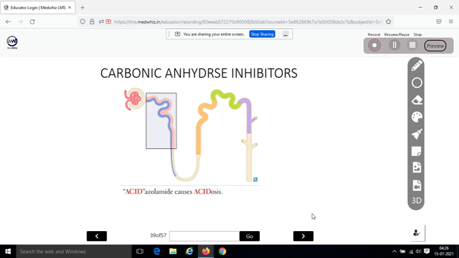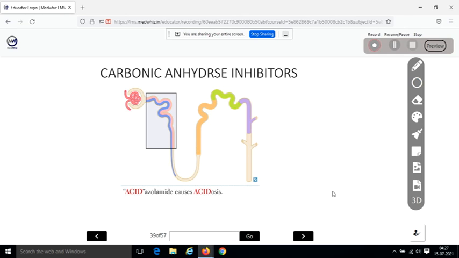So you learned that carbonic anhydrase inhibitors increase urinary pH from bicarbonate diuresis within 30 minutes after absorption, maximum at 2 hours, and this action persists for 12 hours after a single dose, and it gets secreted in tubules, and that's how it gets excreted.